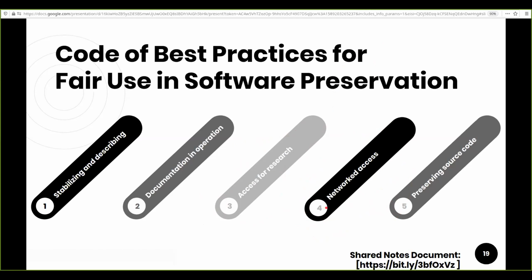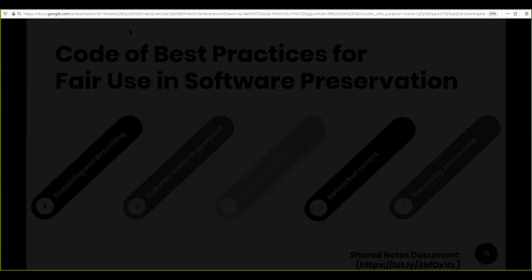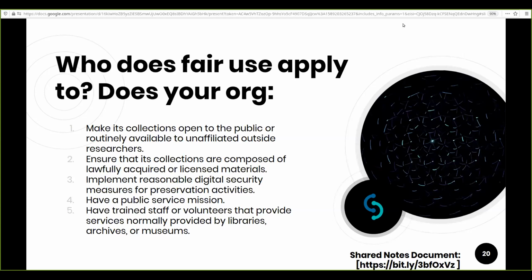If I have Adobe Acrobat 9 at Yale, can I give that to Stanford? All of which is to say you should read the entire document, but we basically got a critical consensus from the copyright and legal community that yes, this is a fair use under the legal copyright definition of fair use, much like Google scanning full copies of books in order to provide snippets for discovery and documentation and access purposes.